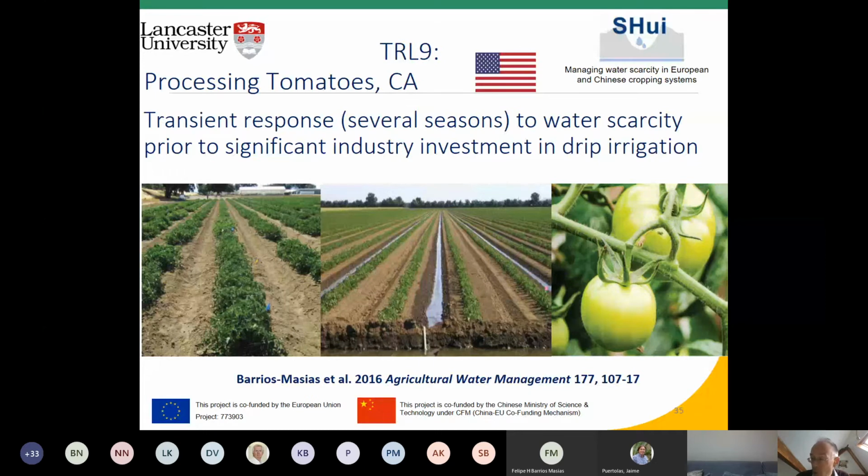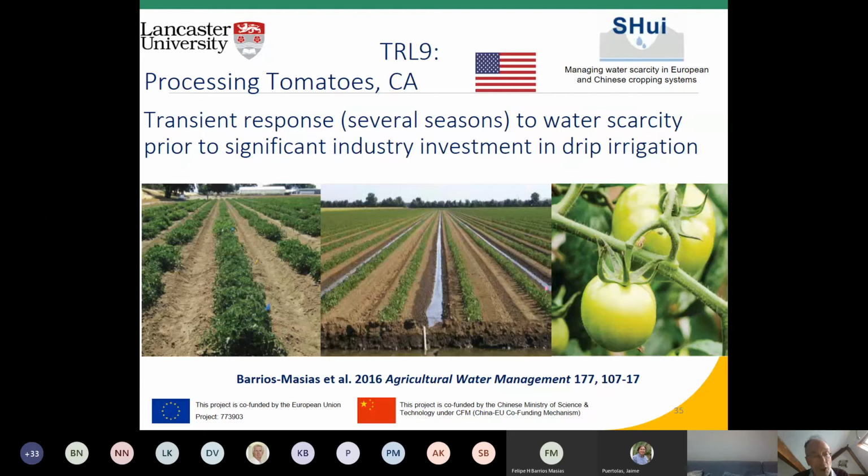But for partial root zone drying enthusiasts such as myself, it's perhaps more difficult to satisfy my need to know whether these techniques are being commercially applied by farmers.